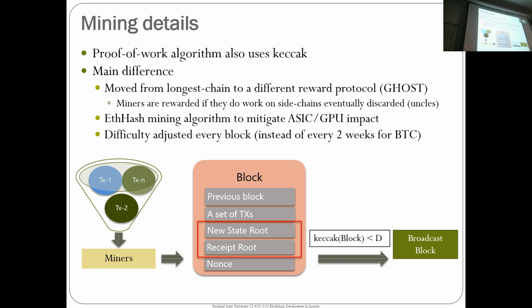Bitcoin is definitely focused toward centralized mining because of the hash algorithm. One of the ideas of Ethereum, and one of the things that they're moving towards, is to get rid of that and make it so that you can't build this into ASIC hardware as easily. That's what their mining algorithm attempts to do. And then you have a difficulty that's adjusted at a much finer granularity than Bitcoin's every 2 weeks.